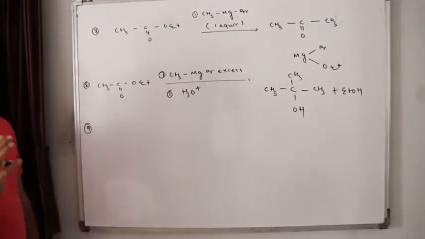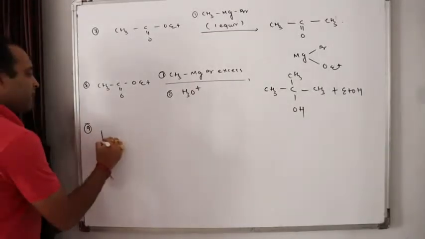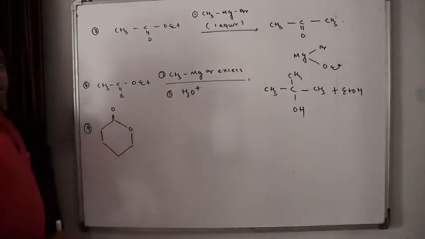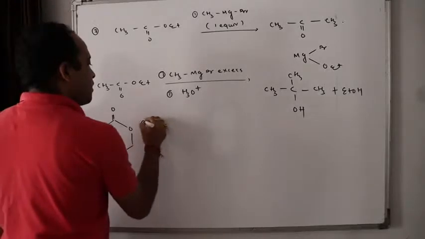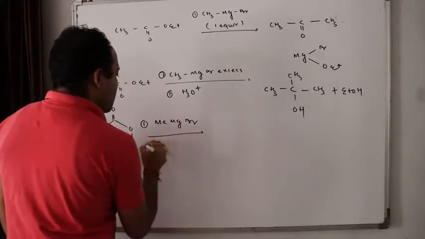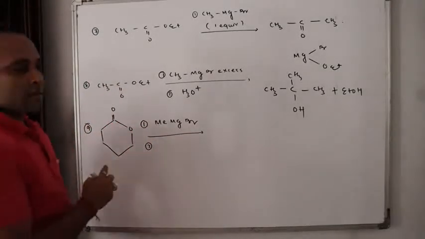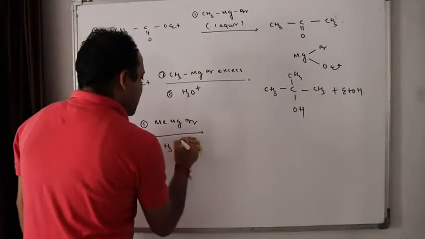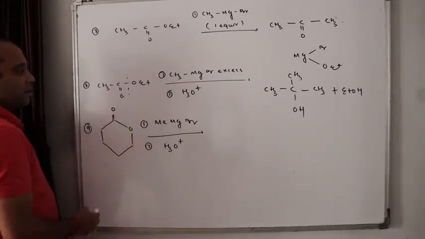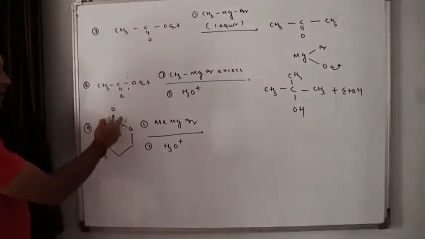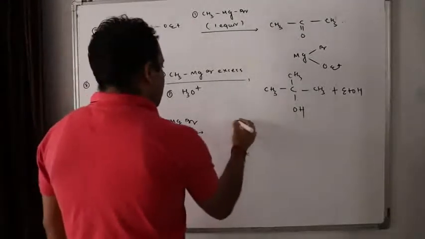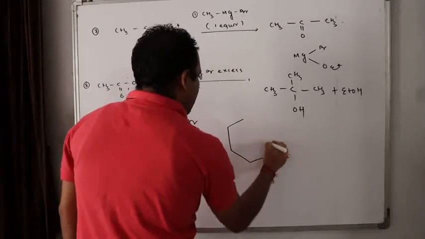Number 9 question. Please, be very careful while solving this question. This is one of my favorite questions. So this, if I treat with MeMgBr in excess followed by hydrolysis. Now as you cracked it here, similarly, if I crack it here, I will get alcohol, isn't it? Now tell me, what will happen? Don't worry. Let us solve one by one.